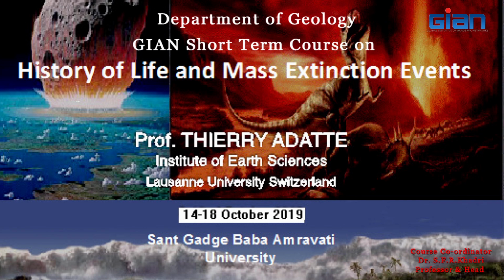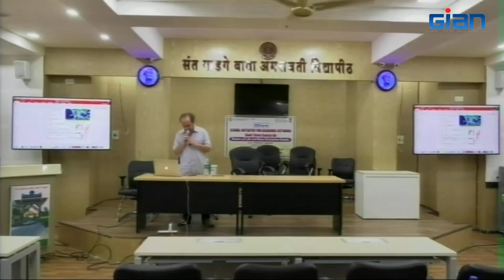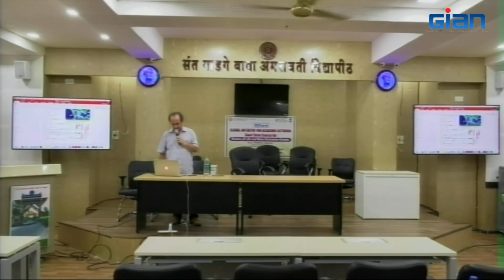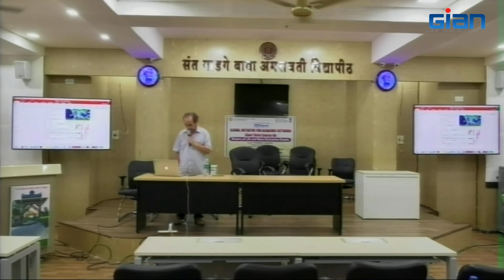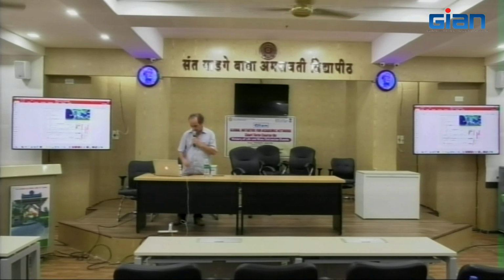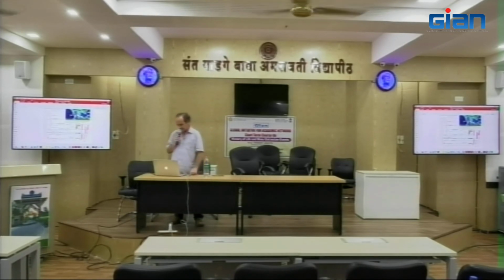We will start again. As I said, we will see in detail this Cenomanian-Turonian black shale deposition, and we have already seen on that slide this massive shift in delta C13.